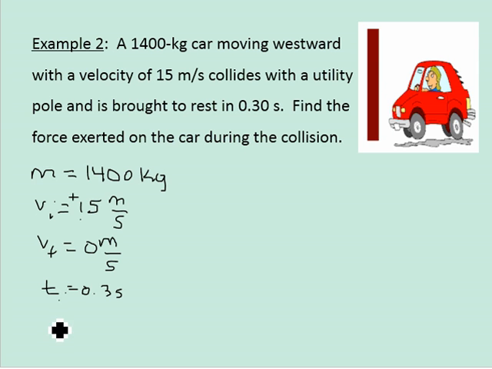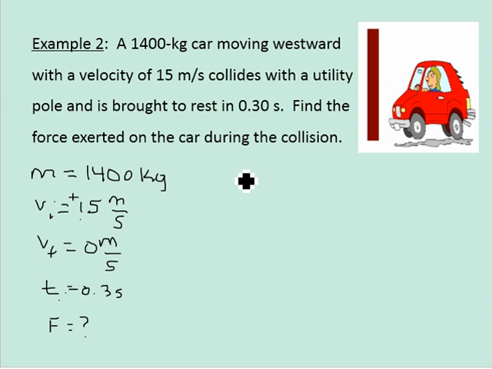It's asking me essentially for the force that the pole exerted on the car. Here's something where I could usually go into F equals ma, find out the force, find out the acceleration, all that type of stuff.